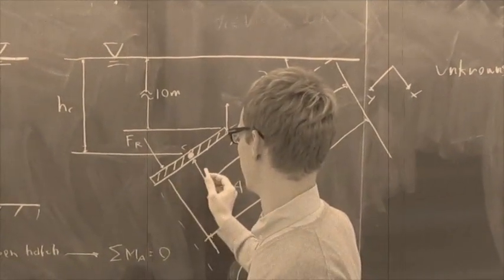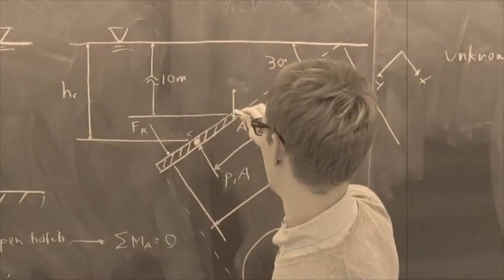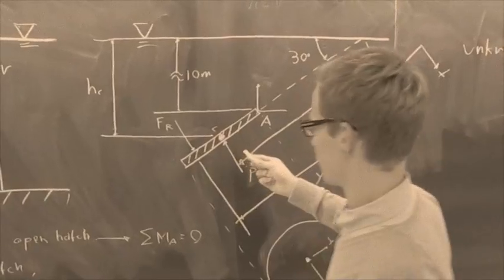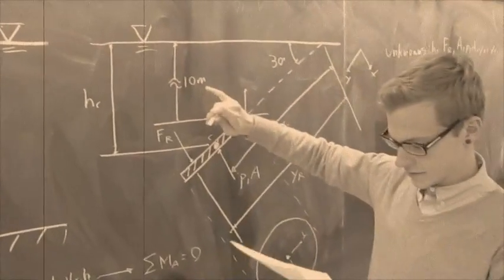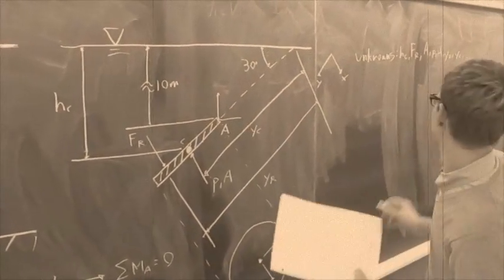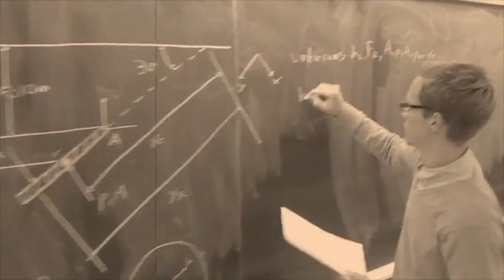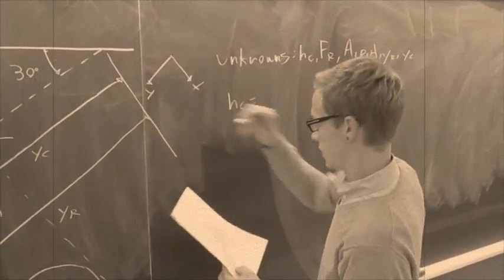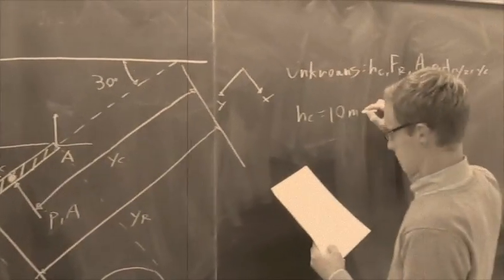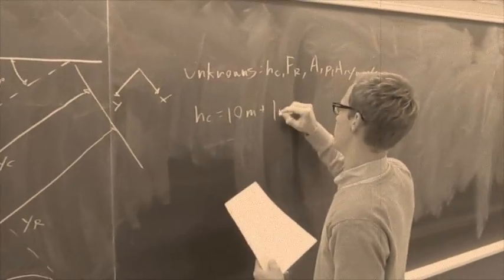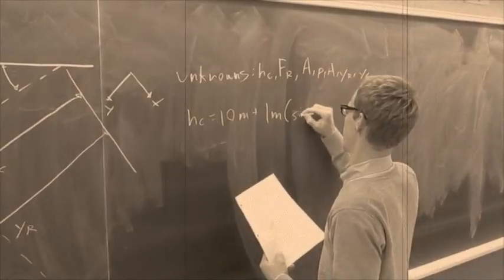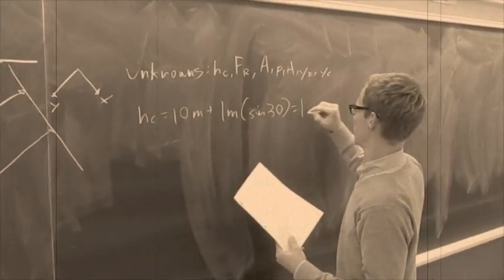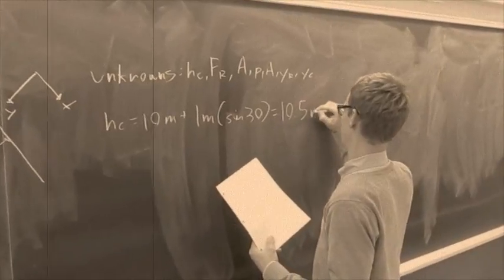So starting with Hc, if you know that this is 10 meters and you know that from here to here is 2, then to figure out Hc you need to find the vertical distance from this point to the centroid and then add it to 10. So to obtain Hc, it's going to be your 10 meters plus 1 meter sine 30 degrees, which gives you 10.5 meters.